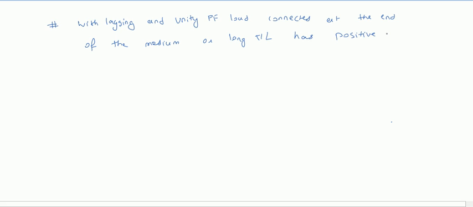It will have positive voltage regulation unless we do some compensation.